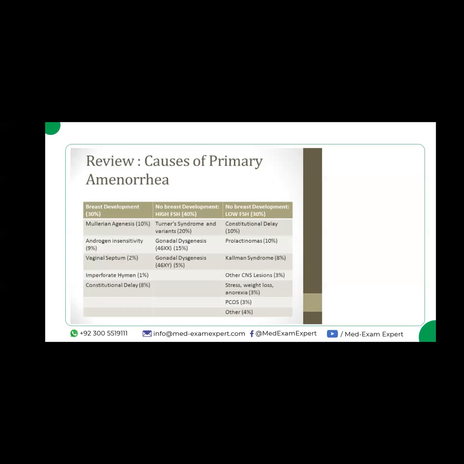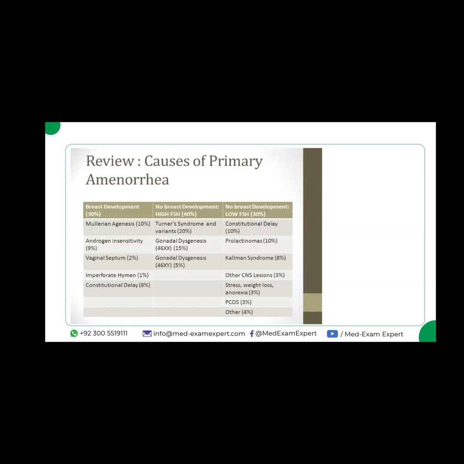As you can see, Mullerian agenesis is seen in 10% of the people, androgen insensitivity in 9%, vaginal septum 2%, imperforate hymen 1%, and constitutional delay is seen in 8% of the population. However, if the patient has high FSH and no breast development, which we have already talked is present in 40% of the cases, the most important cause is Turner syndrome and variant gonadal dysgenesis.